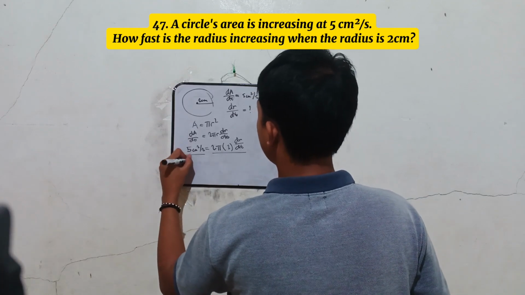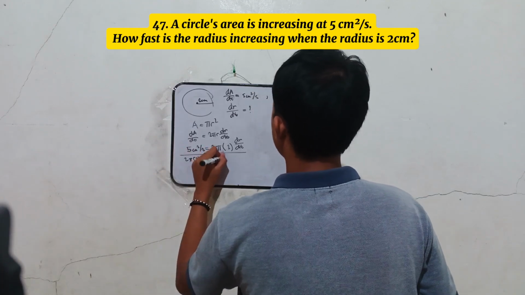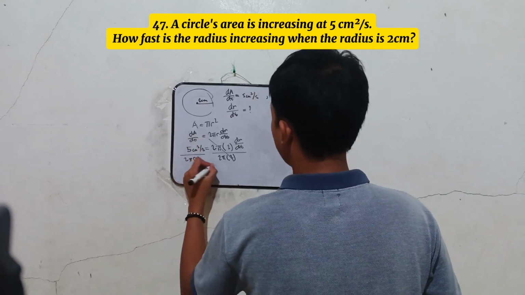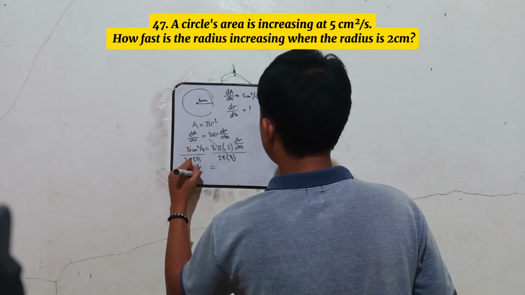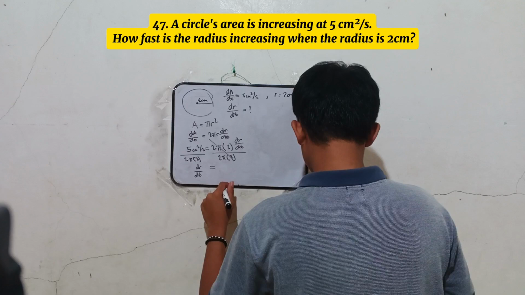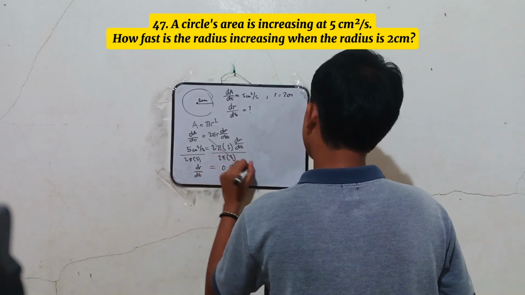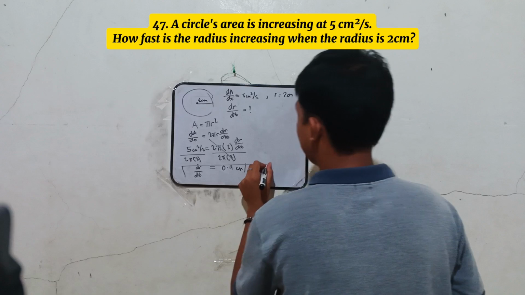Divide both sides by 2 pi multiplied by 2, to cancel. Then our final answer would be dr over dt is equal to 0.4 cm per second.